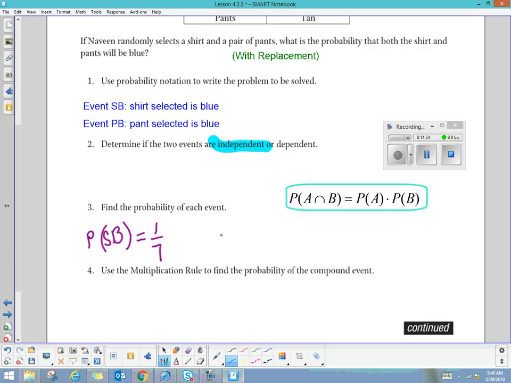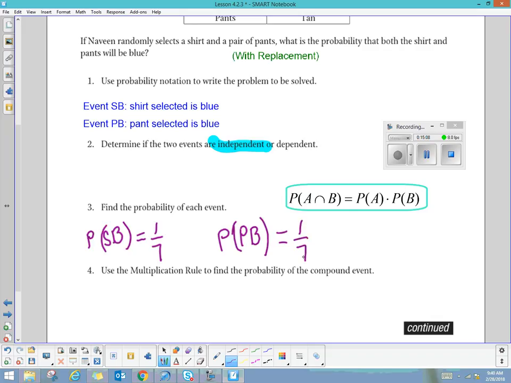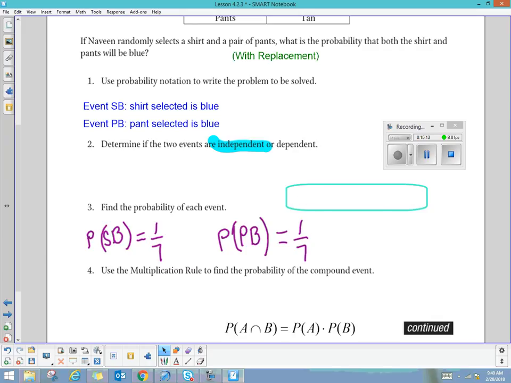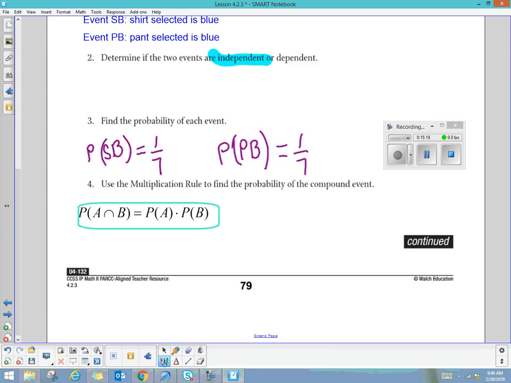Let's try that again. So the probability of selecting a pair of pants that is blue, and again I said let's consider this as with replacement, so I selected the blue shirt and put it back, should now be 1/7 as well. All right, so here's our multiplication rule. Let's change it so that it is using the notation that we are using.